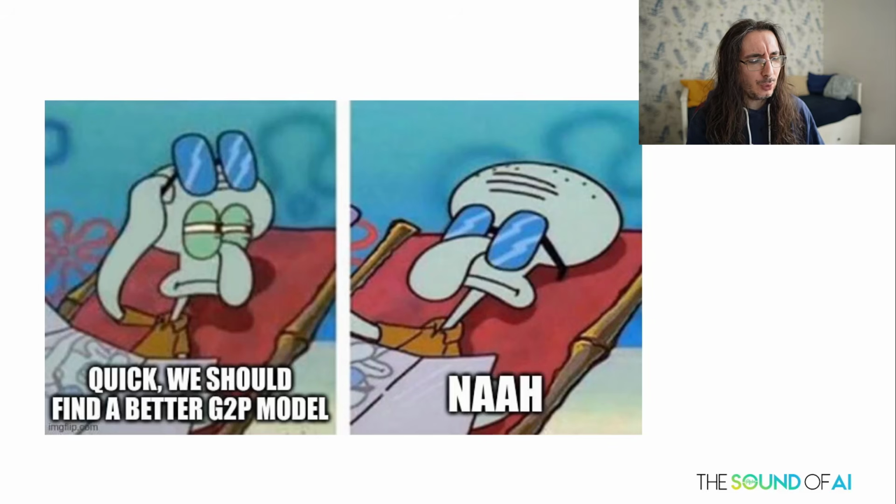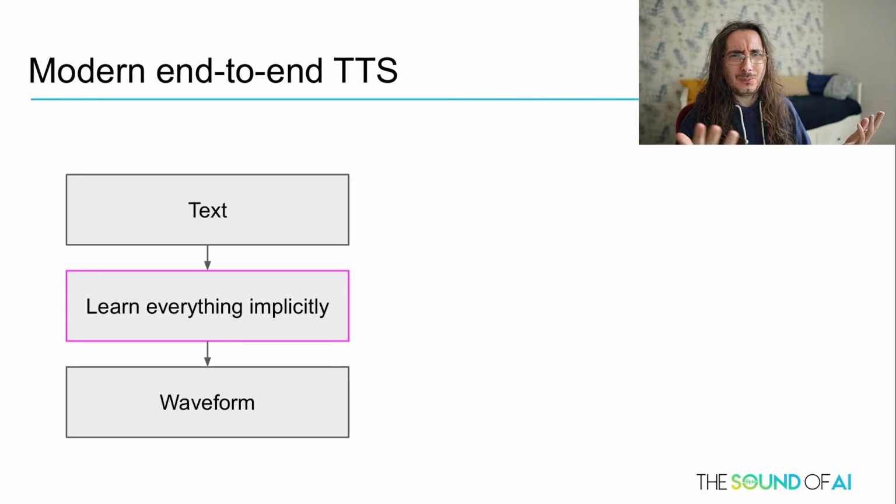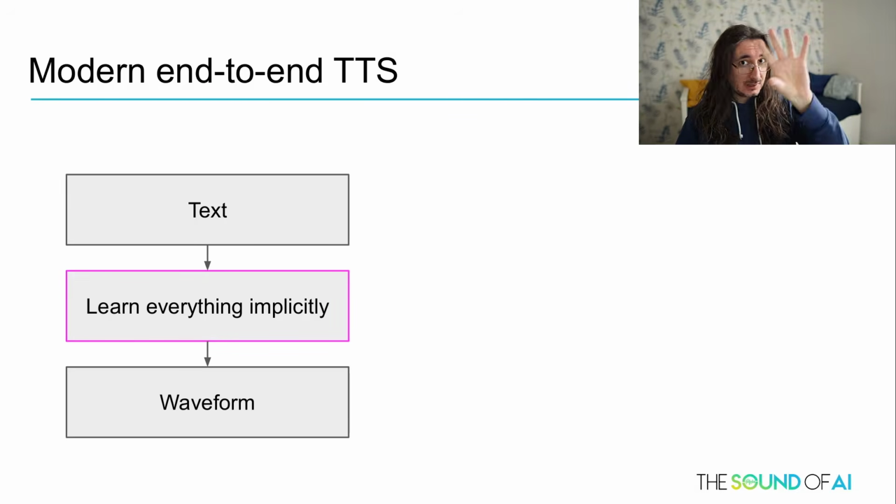But in more modern text-to-speech pipelines, sometimes we just don't need G2P at all. And how's that possible? Well, because some modern end-to-end text-to-speech models take text, directly the characters, into the end-to-end model, and they spit a sound, or a waveform, out of it directly.